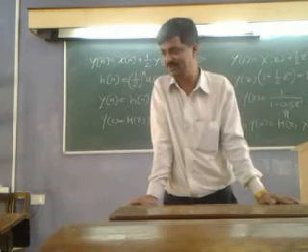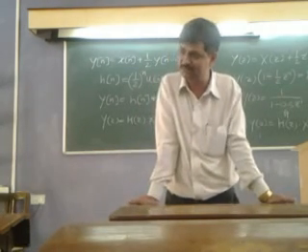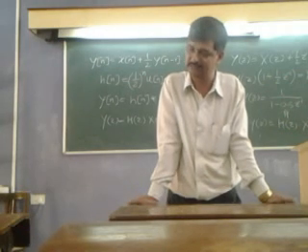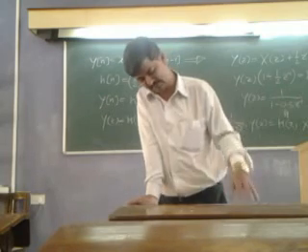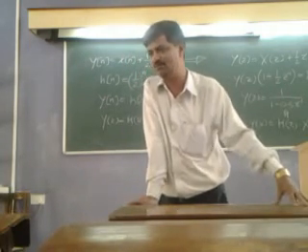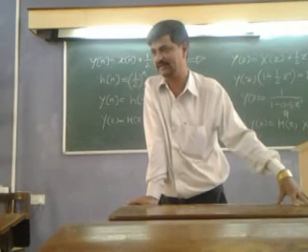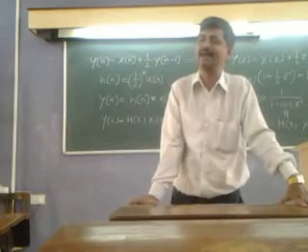If I want to restrict that, what is going to happen? Z is a complex variable, no doubt. So if mod Z is equal to 1, it provides me a unit circle.